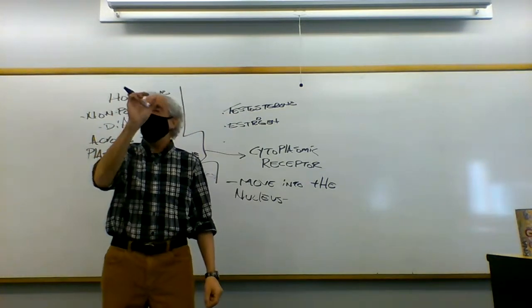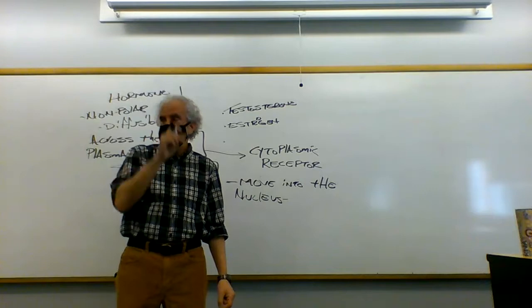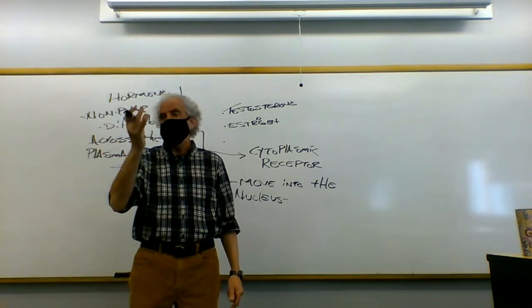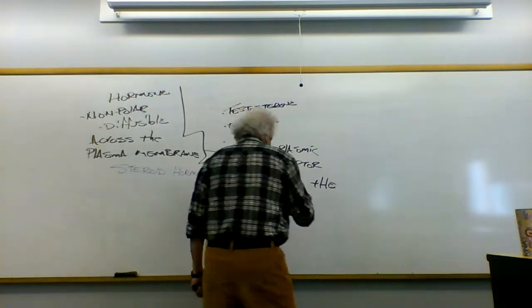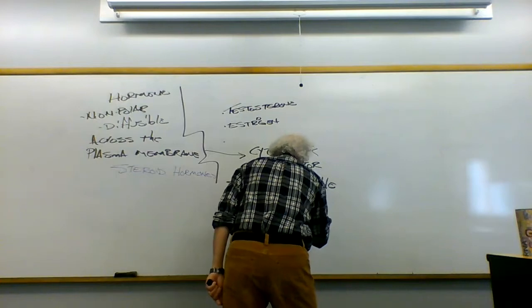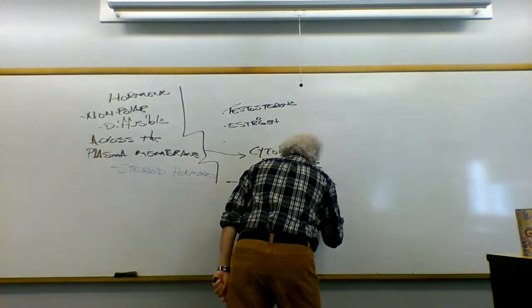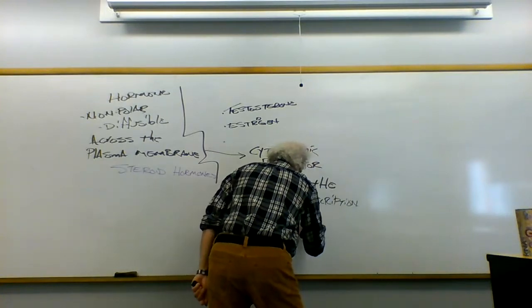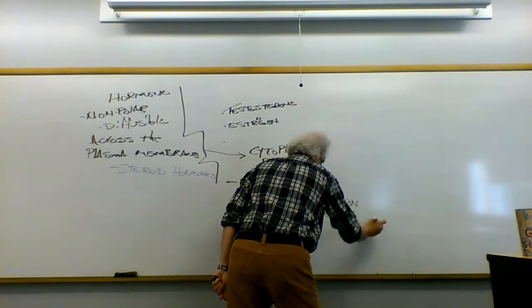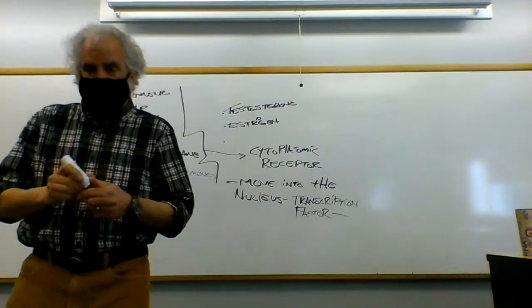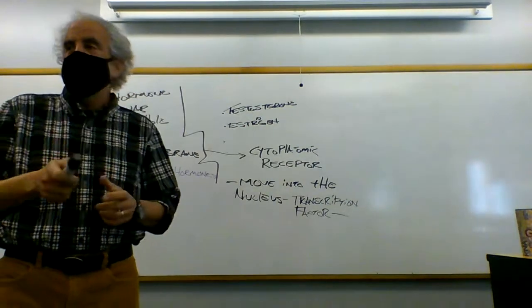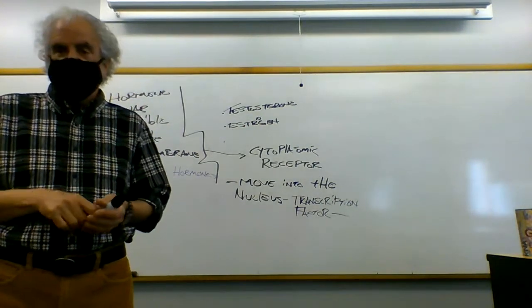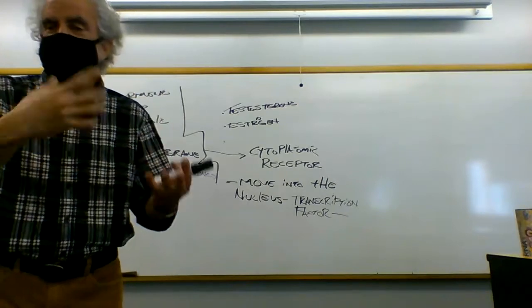It's just waiting for that hormone to bind so it can then get into the nucleus and actually act as a transcription factor. So we've got this link to how a steroid hormone acts at the level of gene expression. Steroid hormones are going to turn genes on.